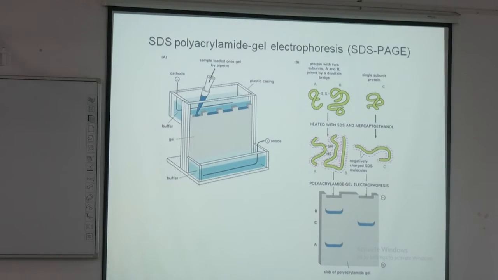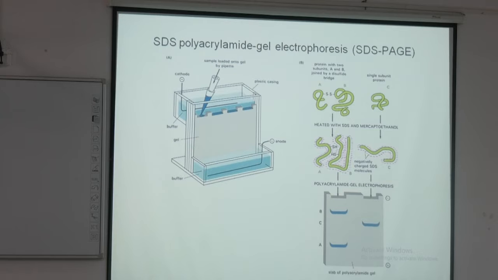Now these steps are actually proteins of known molecular weight, so that whenever we identify our protein of choice, we can directly compare its molecular weight with the known molecular weight proteins. Understood?